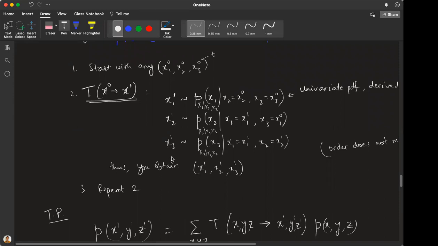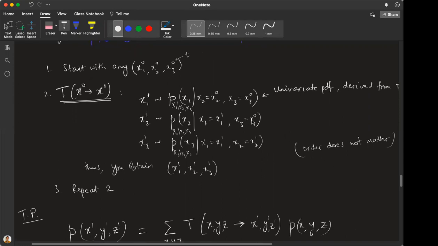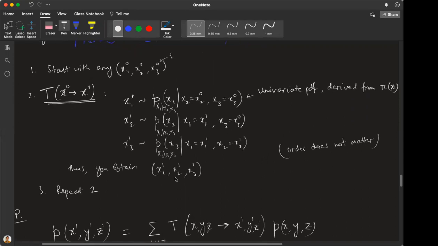If I don't know the actual conditional distribution, or if the conditional distribution itself is very difficult to obtain or to sample from, then it becomes difficult to use this method. If my conditional itself is not very simple, although it's a univariate distribution with very nice properties, and univariate is very easy to handle, still it is not always that easy.